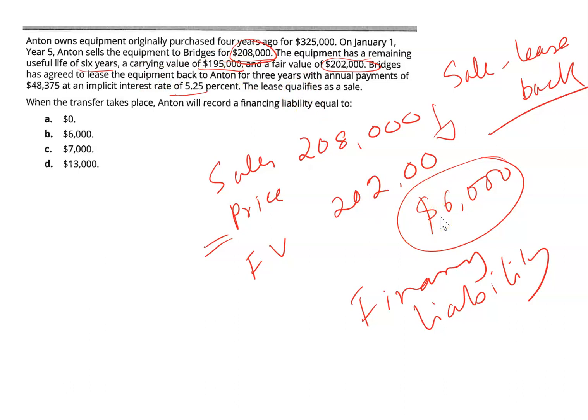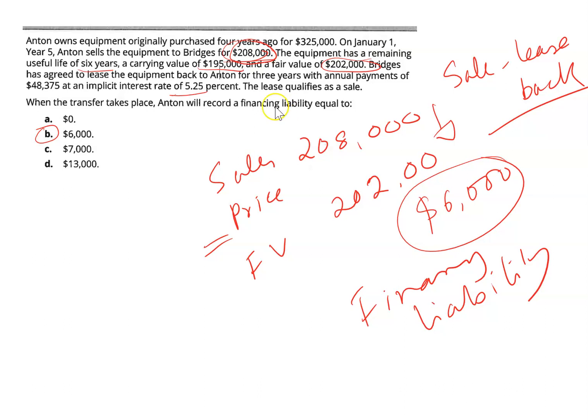So here the question is, if the lease qualifies as a sale, what would be recorded as a financing liability? So this $6,000 will be recorded as a financing liability. And remember, if it does not qualify as a sale, the entire 208,000 will be recorded as a financing liability.